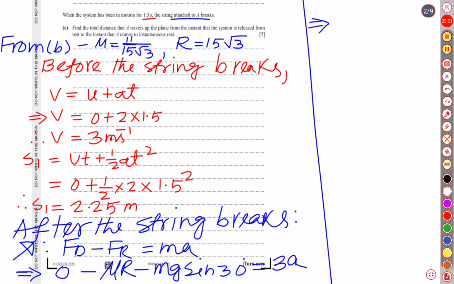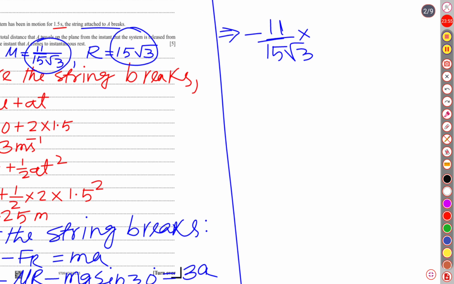And the value of mu, already we have written here. This is the value of mu, 11 over 15 square root of 3, and this is the value of R, the normal reaction force, which is 15 square root of 3.